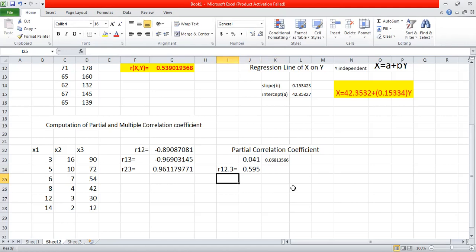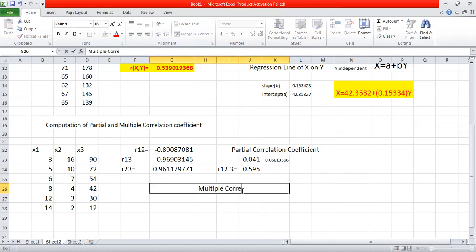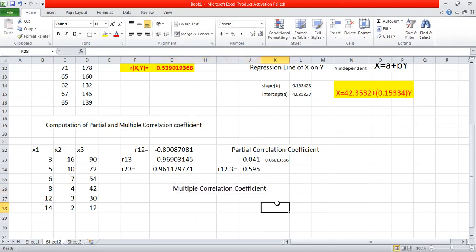So in this way, we calculate the partial correlation coefficients. Next, coming to the multiple correlation coefficient, what is the formula?